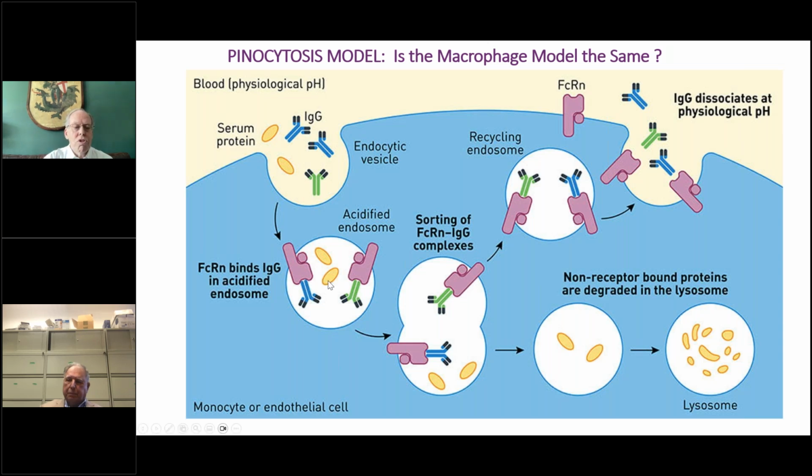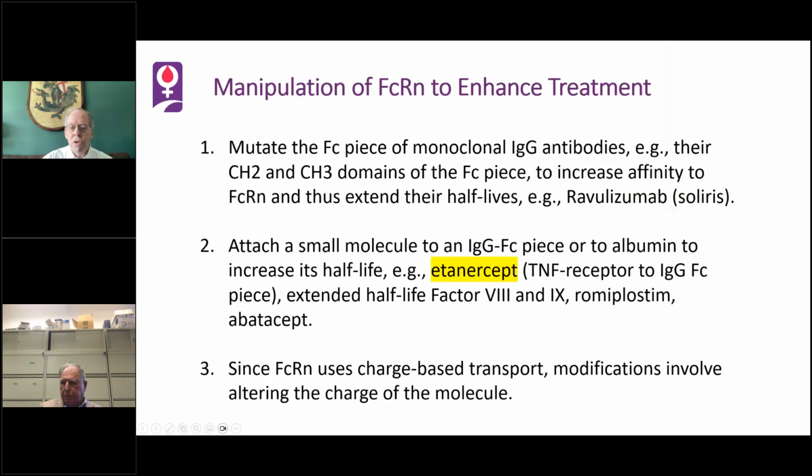Albumin would function the same, but other proteins that are taken up by pinocytosis would be degraded. And thus, this mechanism ensures that IgG and albumin have among the longest, if not by far the longest, half-lives of proteins in circulation.